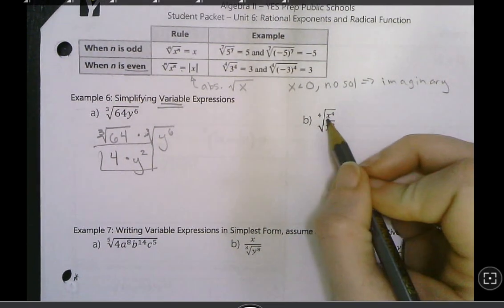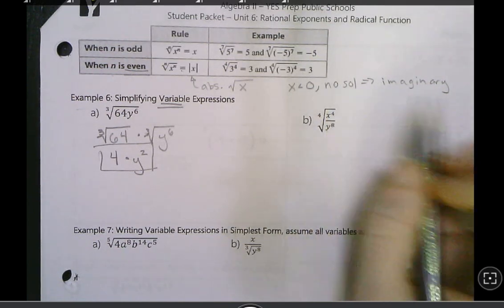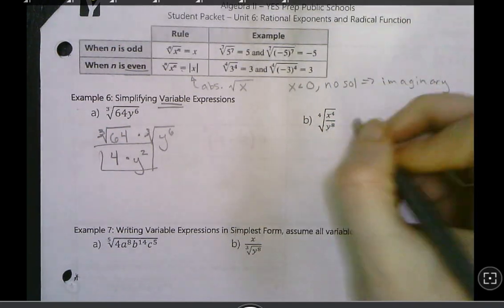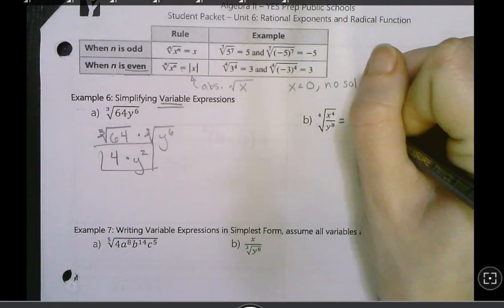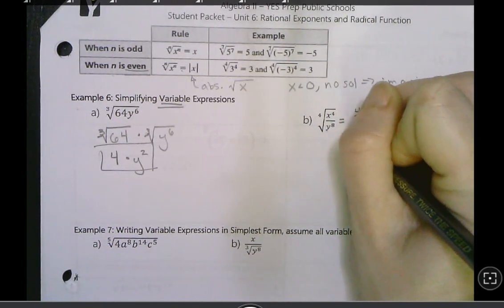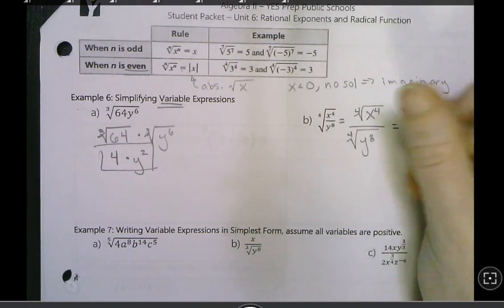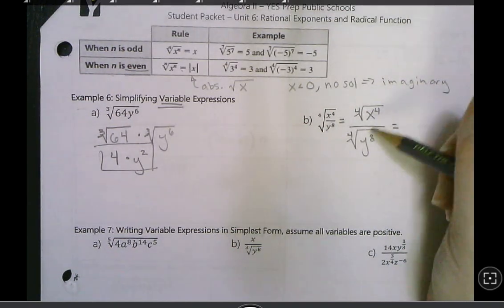Over on part B, we have an x to the 4th divided by a y to the 8th, and we're doing the 4th root of each of these. So this is our quotient rule. I can split this up. I'll have the 4th root of x to the 4th divided by the 4th root of y to the 8th. Well, here they're both 4, so those are going to cancel.